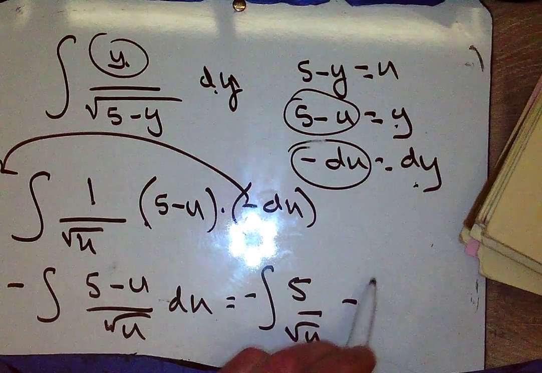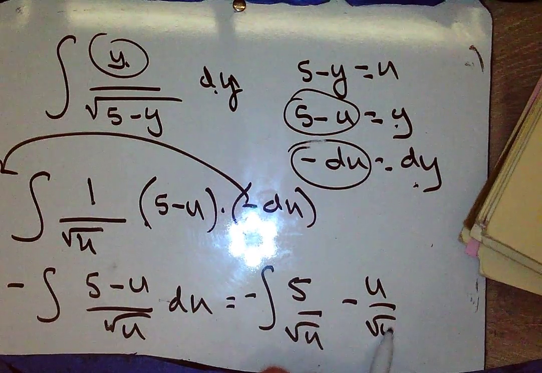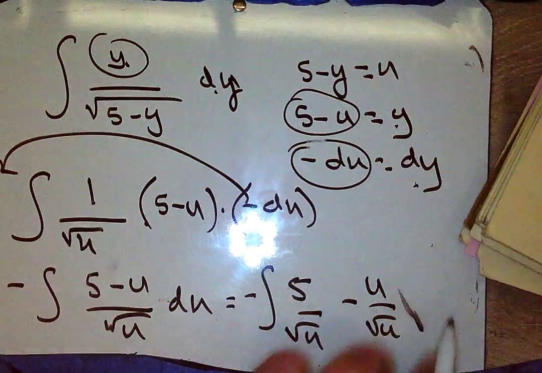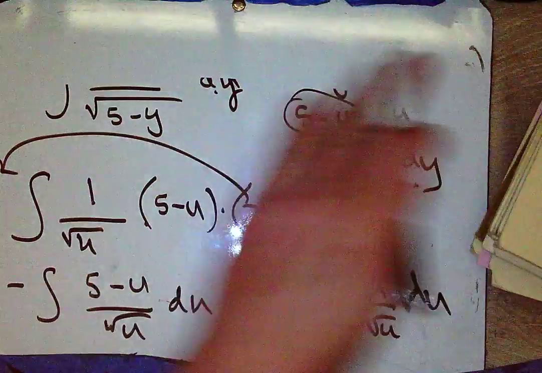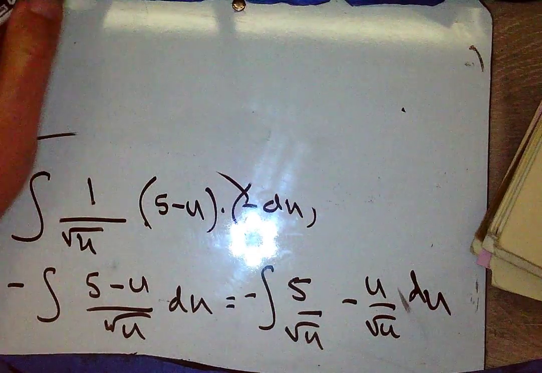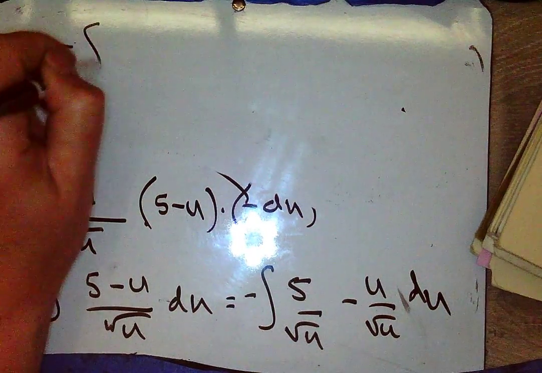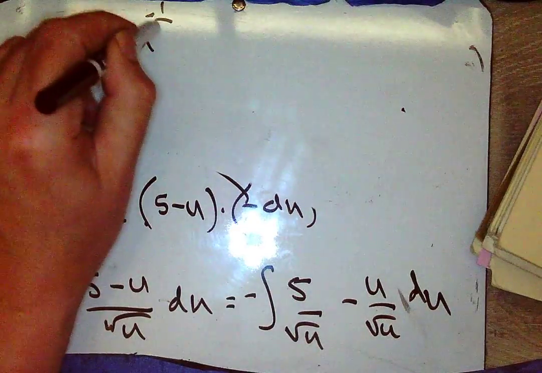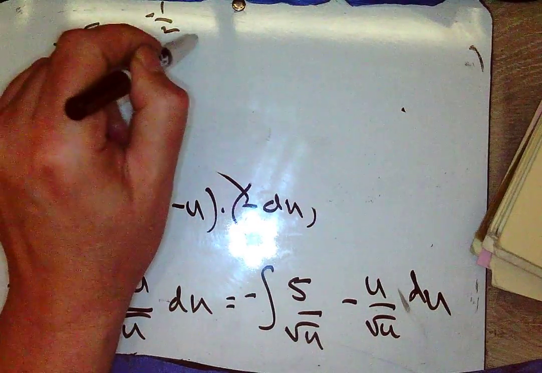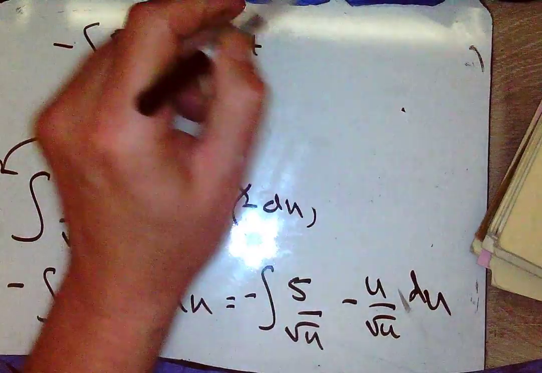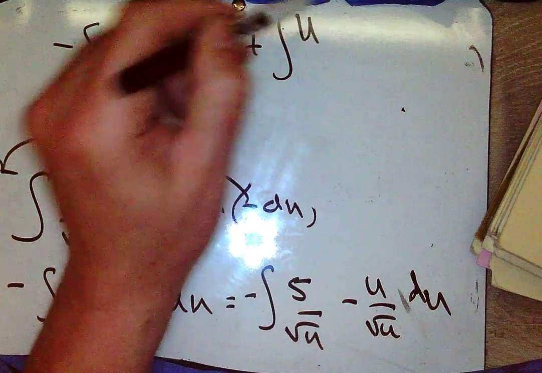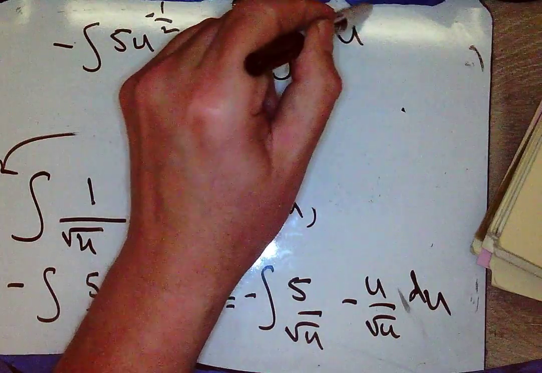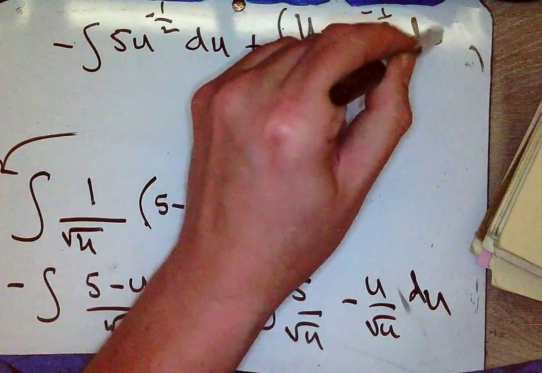Minus du. Okay. And that takes me to negative 5u minus 1/2 plus integral u times u to the minus 1/2 du.